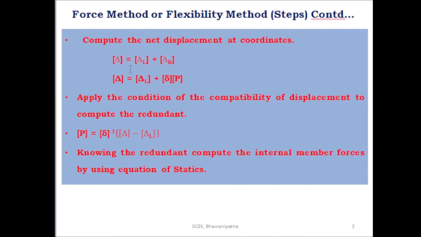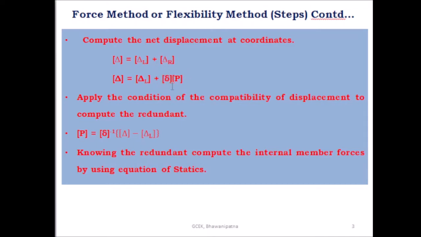This is equal to delta is equal to delta L plus delta R. Delta L is the displacement due to the given loading and delta R is the displacement due to the redundants. Then the total displacement or net displacement delta is equal to delta L plus delta R, where delta R is equal to del into P.